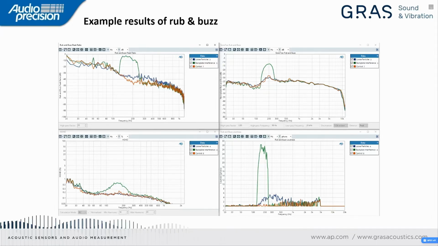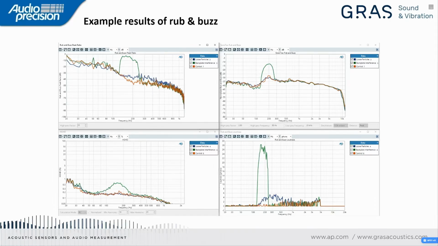Then bottom left, we have our high order harmonics, where I would say it would be almost impossible to detect the loose particles, but you would still be able to detect the backplate interference. And then bottom right, we have rub and buzz loudness.